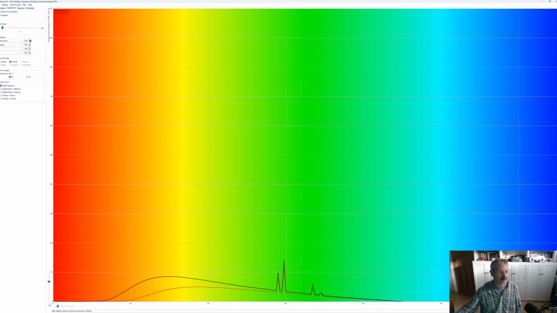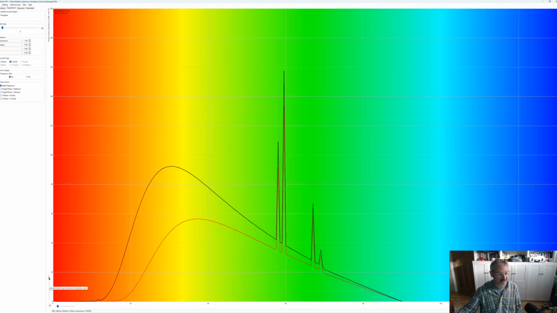Yeah, so 0.8 of a mil. 1 mil of aluminium filtration will remove those L energy level electron spikes, leaving the K shell electron energy spikes in place.